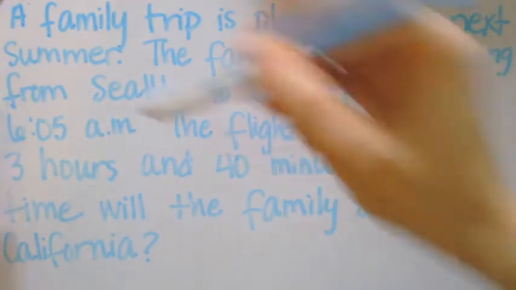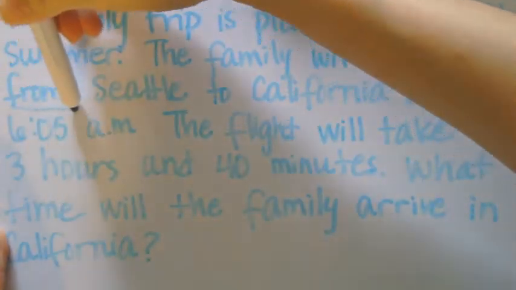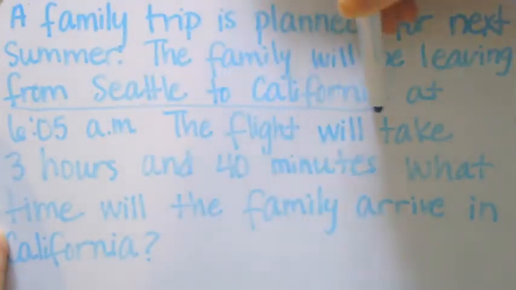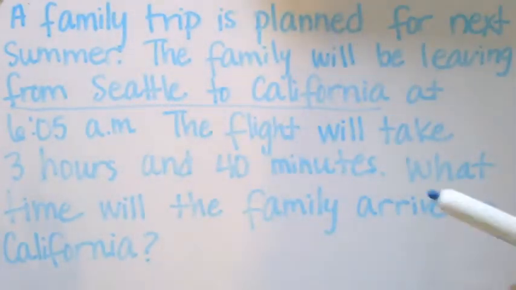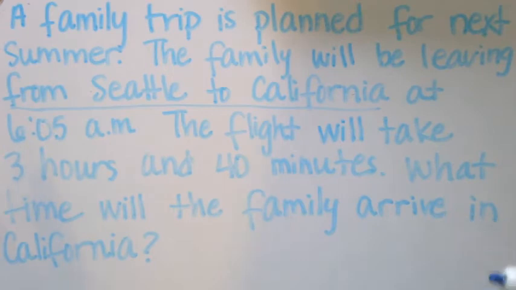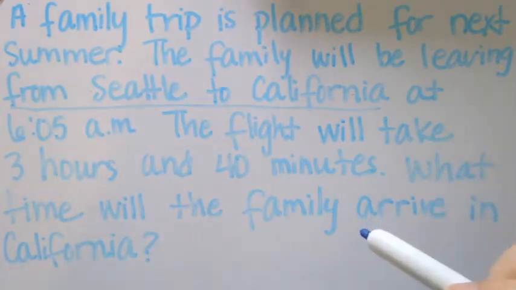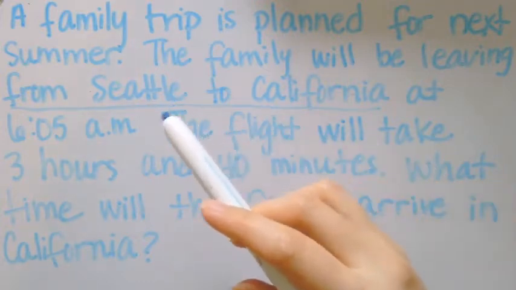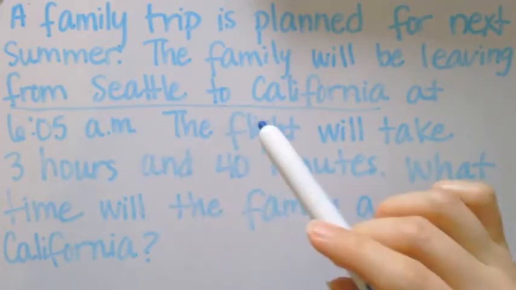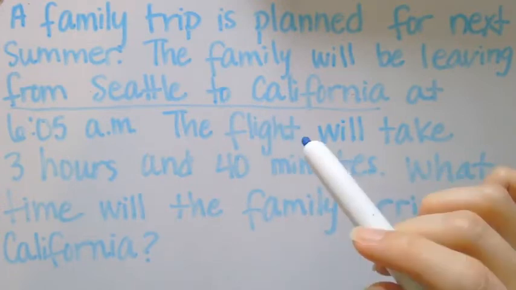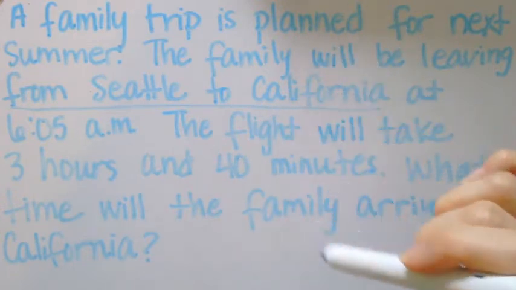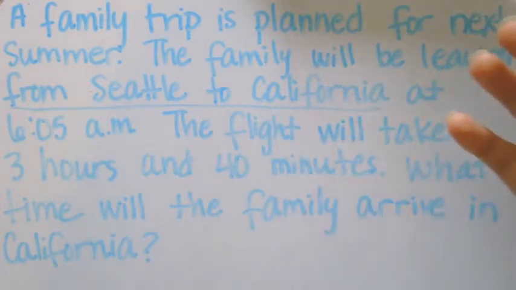All right. So I'm just going to highlight or underline from Seattle to California. The reason I'm underlining that is because when you live somewhere in the United States, we have different time zones. So if you're living on the West Coast, like both Seattle and California are, the time zones are the same because we're on the same side of the United States.